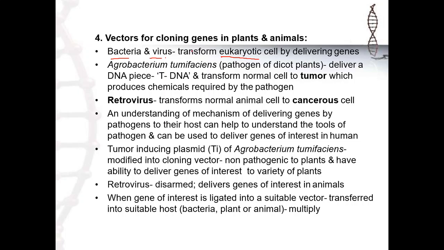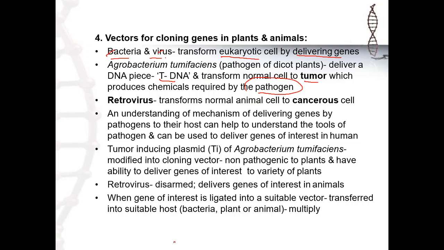So, bacteria and virus transform eukaryotic cells by delivering genes. Usually, ang ginamit kasi na plasmid is bacteria and virus. An example in here is Agrobacterium tumefaciens. This is the crown gall pathogen of dicot plants. The Agrobacterium tumefaciens delivers a DNA called T-DNA and transforms the normal cell into a tumor, which produces chemicals required by the pathogen.